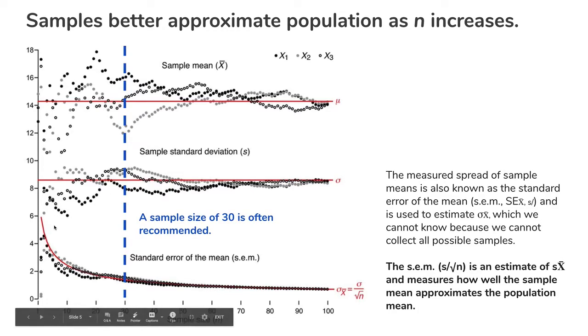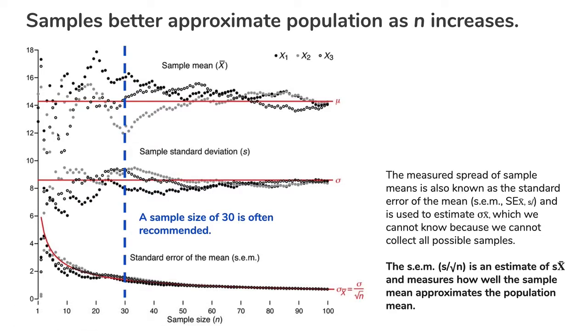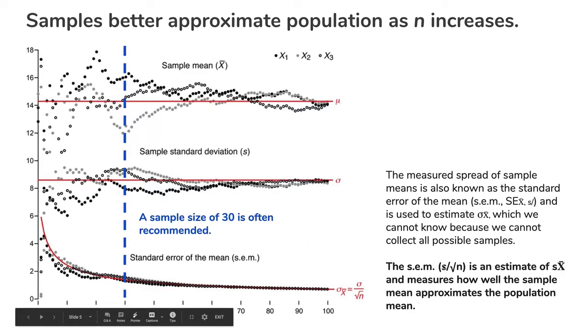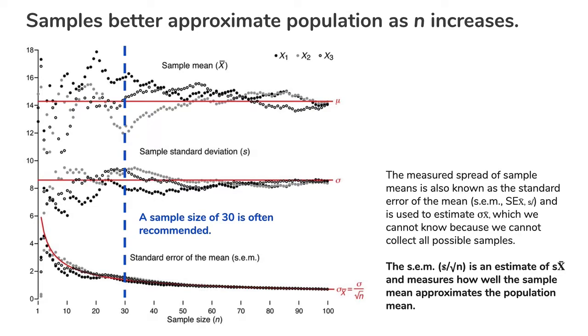If our sample size is really small, there's a lot of variability in the properties of the sample distribution as compared to the true population distribution, right? Okay, so this standard error of the mean, the way it's calculated, this is an important principle and what we're going to talk about next. The standard error of the mean is the sample standard deviation divided by the square root of the sample size.